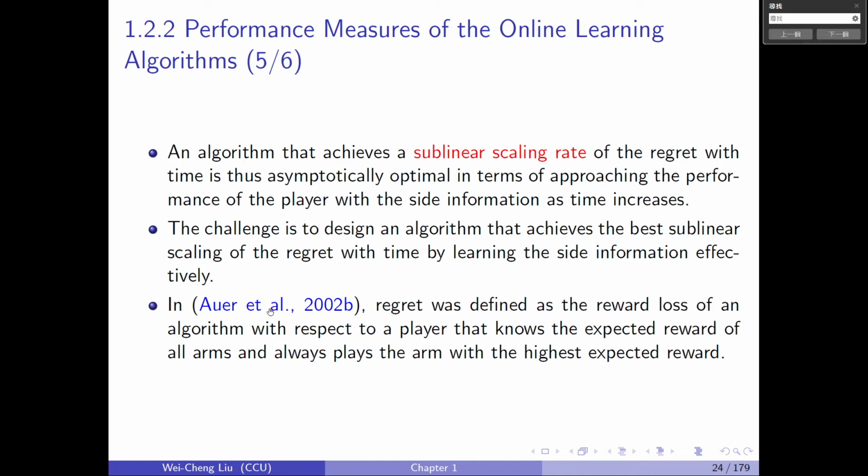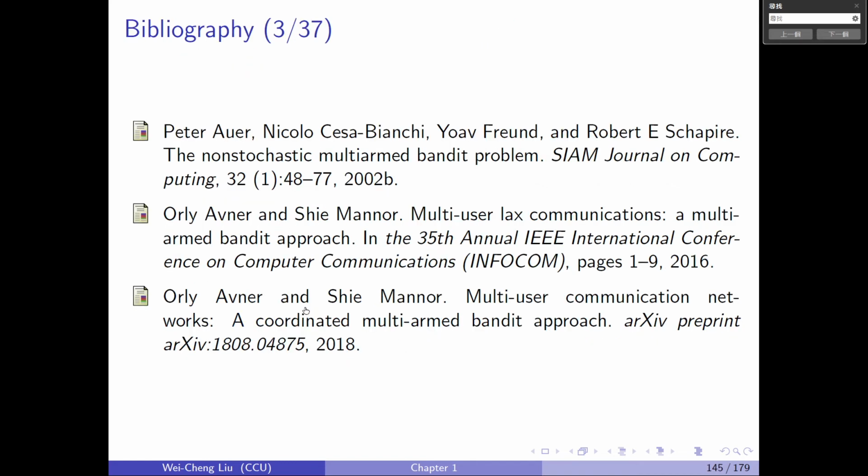In Auer et al. 2002b, okay, let us see, Auer et al. 2002b is a paper named The Non-Stochastic Multi-Armed Bandit Problem, published in SIAM Journal on Computing.